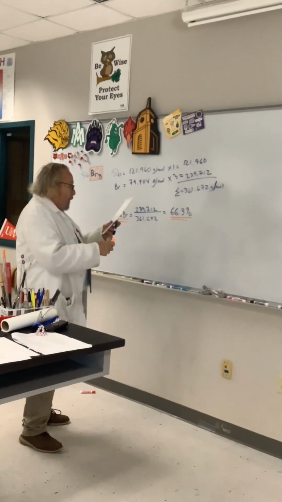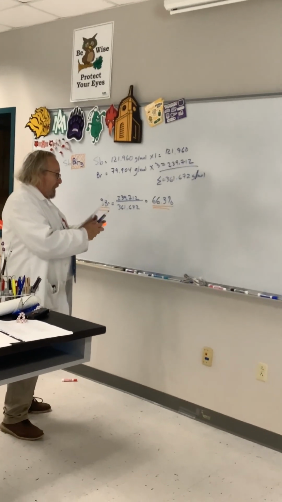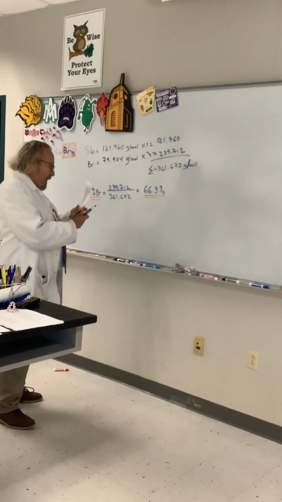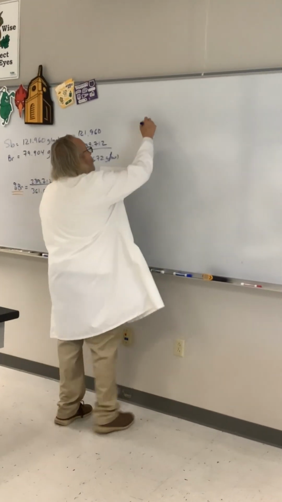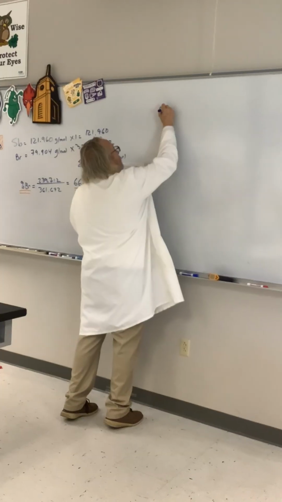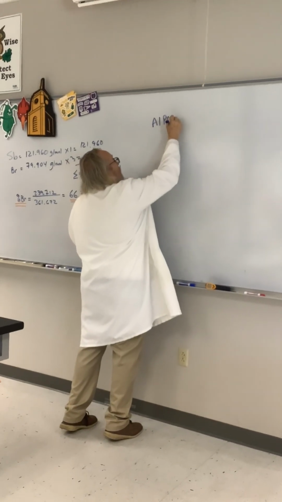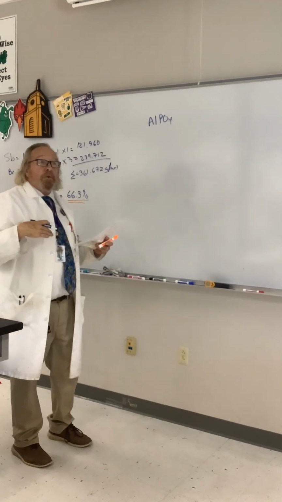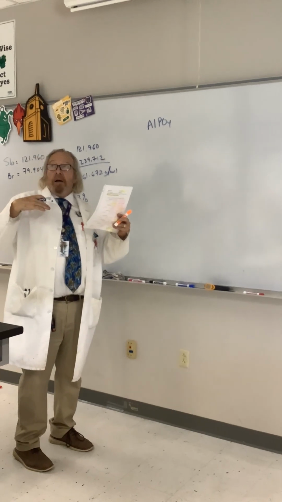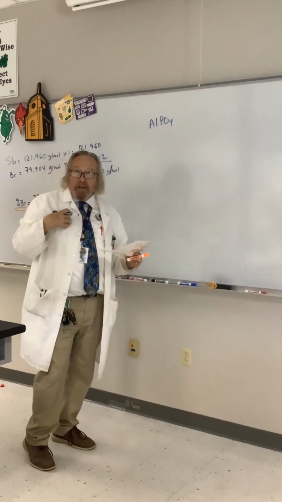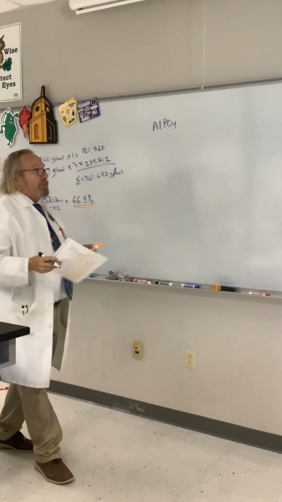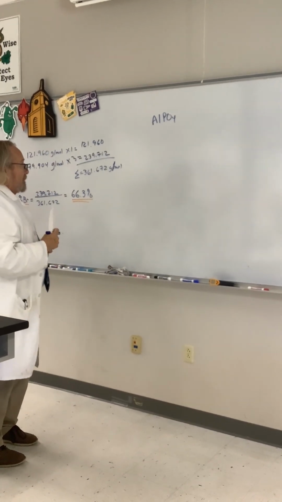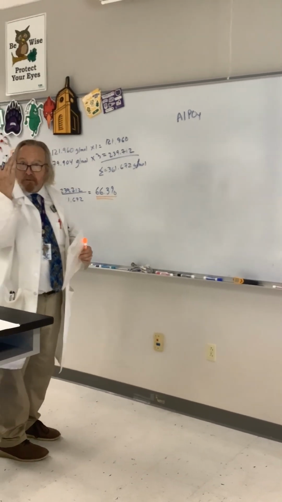Let's go down one more with more elements in it. The next one down is aluminum phosphate. Aluminum is a group 3 metal. If you use the Roman numeral classical numbering system, which I do because I'm old, but it's also more convenient, it's group 3A in the representative elements, and that means it has a +3 charge.